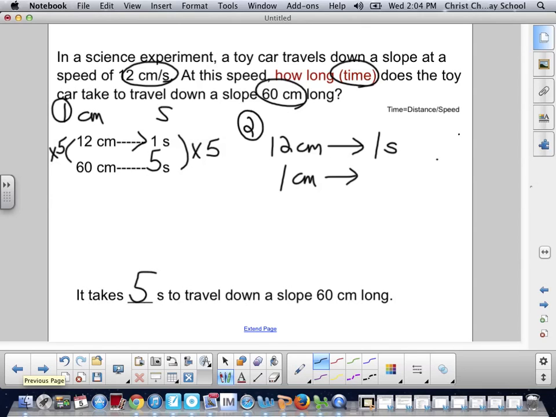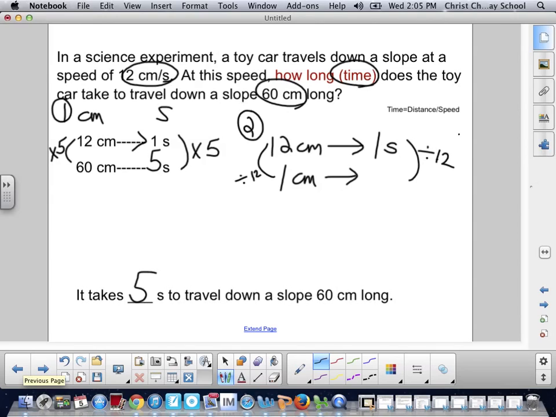To get from 12 to 1, we actually need to divide by 12. And 12 divided by 12 we know is 1. Again, what we do to one side, we must do to the other side. So we're going to take 1, and we are going to divide it by 12.